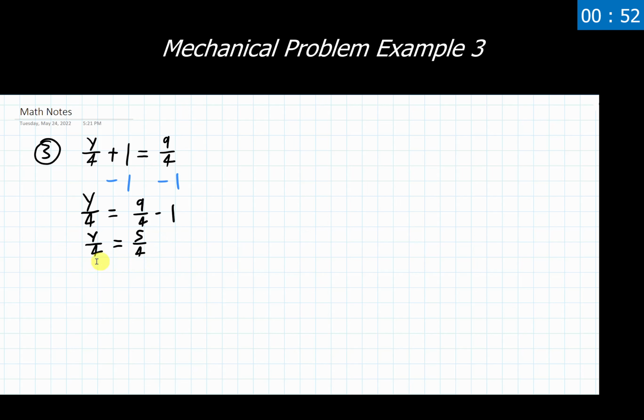Well, the denominators are the exact same here, which means that these numerators would need to be the exact same. So you could go ahead and do cross multiplication, this y times 4 and this 4 times 5, if you wanted to, or we can notice, because the denominators are the same, the numerators also have to be the same. So I can just do y equals 5.